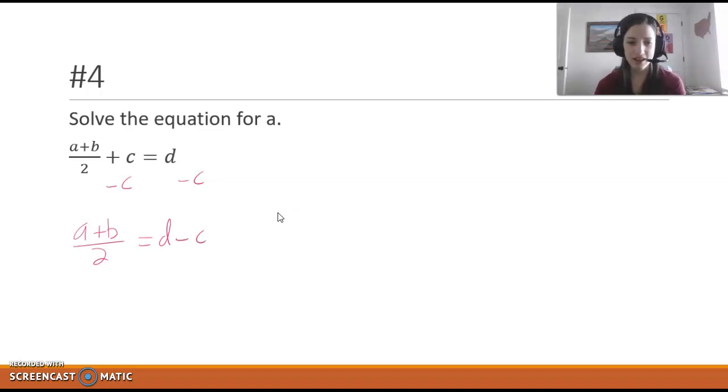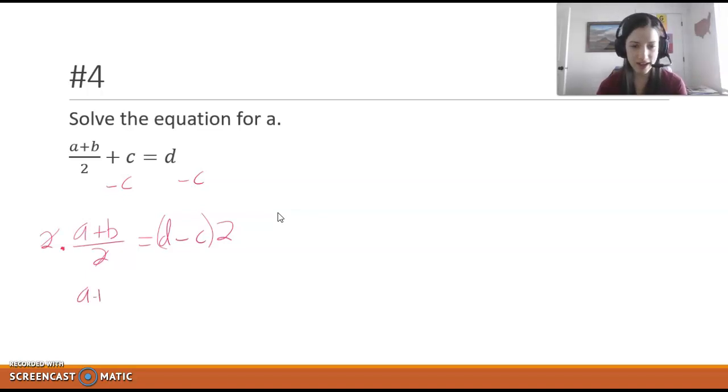All right, now I want to get rid of my fraction. So with this 2, remember that fractions are division. So with this 2, that's dividing. So to get it to the other side, I need to multiply both sides. And I'm going to put this in parentheses because it's multiplying the entire thing by 2. So my 2's divide out here.